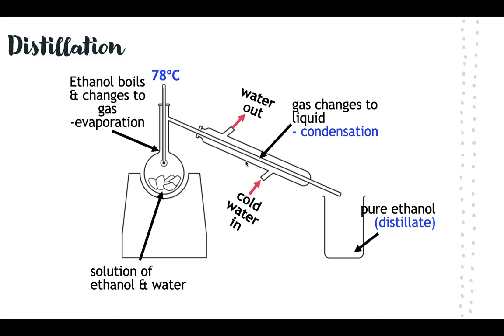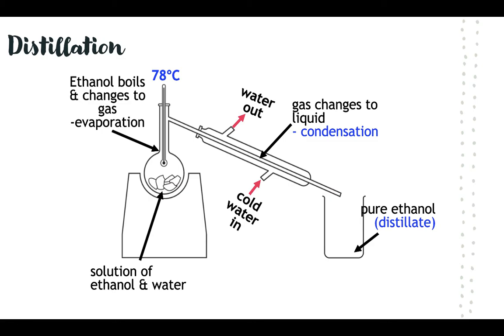So inside this tube, your ethanol gas will change to liquid. It will condense. The liquid will then pour out of the tube and into our beaker here, and we have pure ethanol, what we would call our distillate.